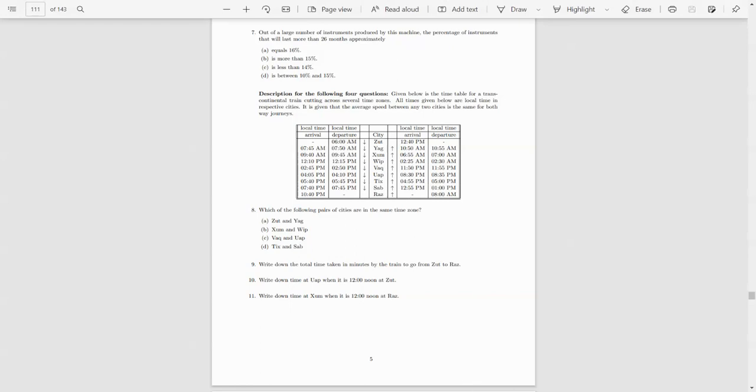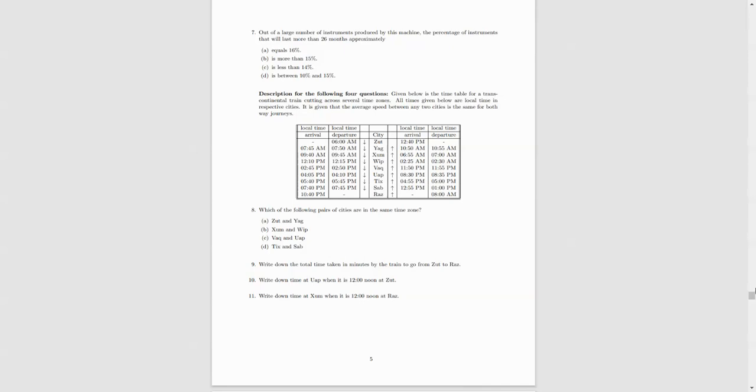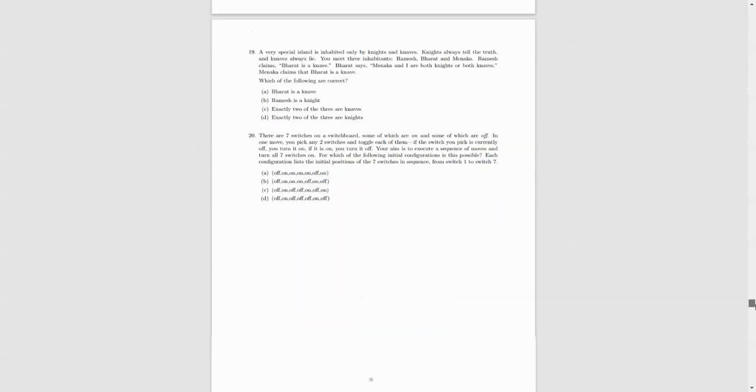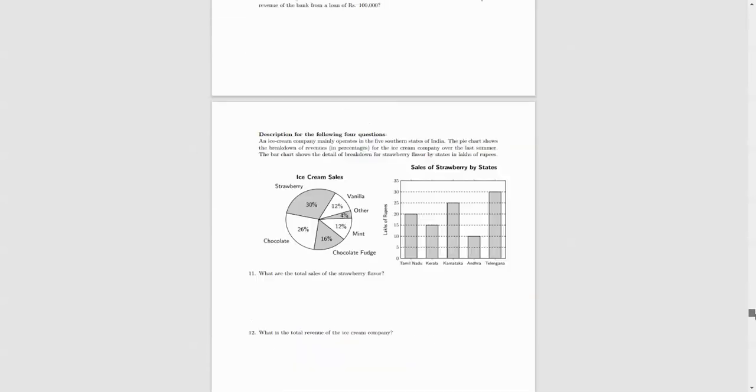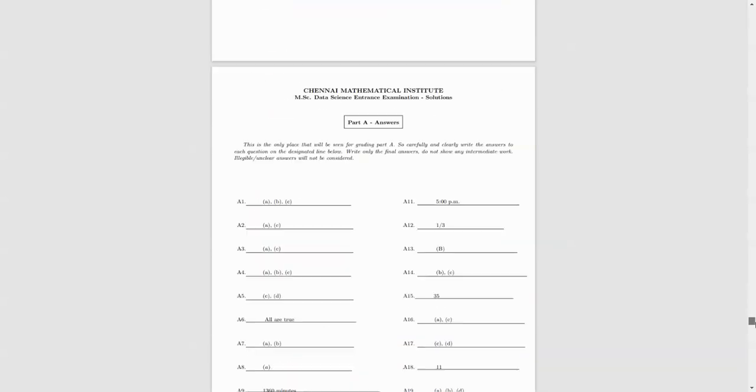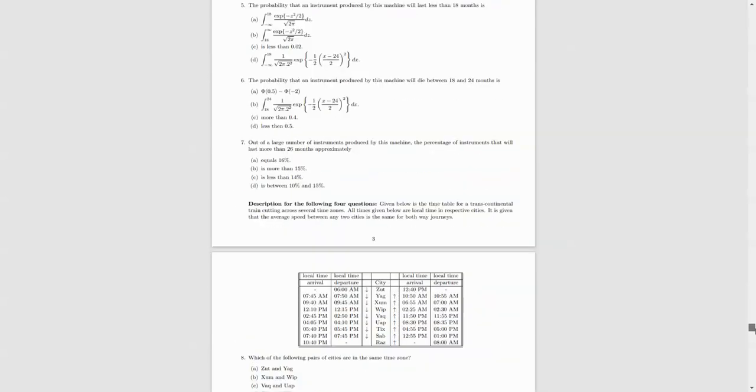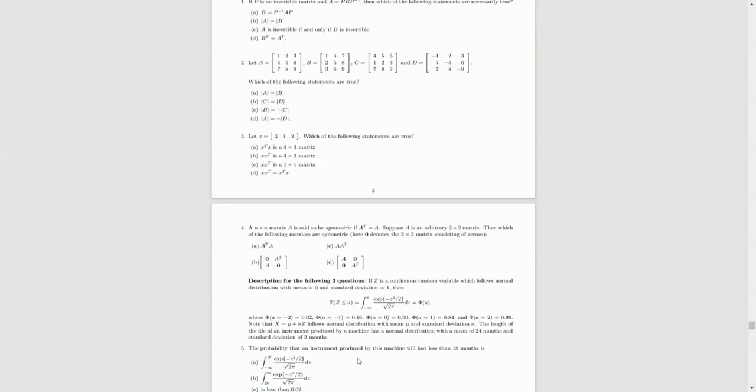Okay, so I think the screen is visible again, right? So let's see where the particular question is. This particular question is also about normal distribution. You can see that there are a lot of things given.